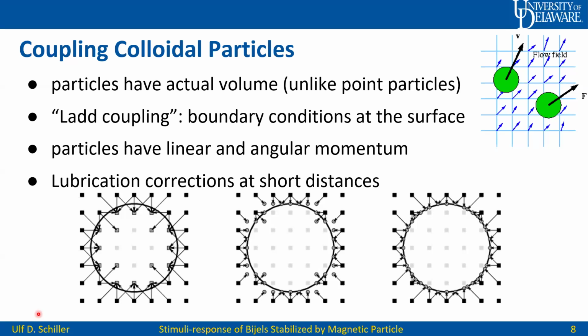The interaction between particles and fluid is done by imposing boundary conditions on links on the lattice that cross the interface. The liquid interface is emerging actually. I have to explain a little bit more.